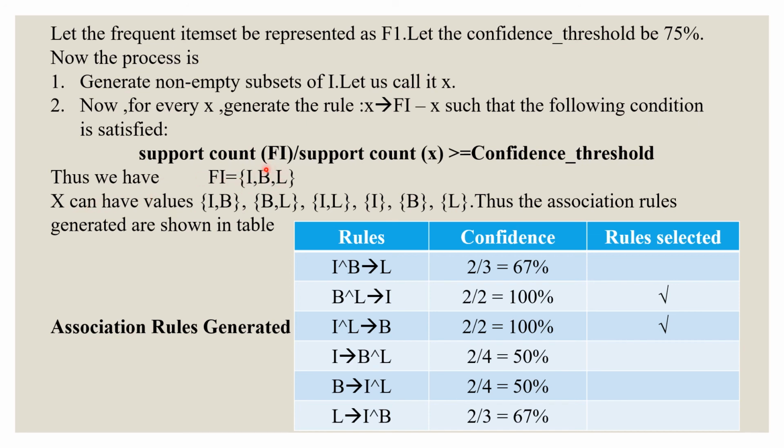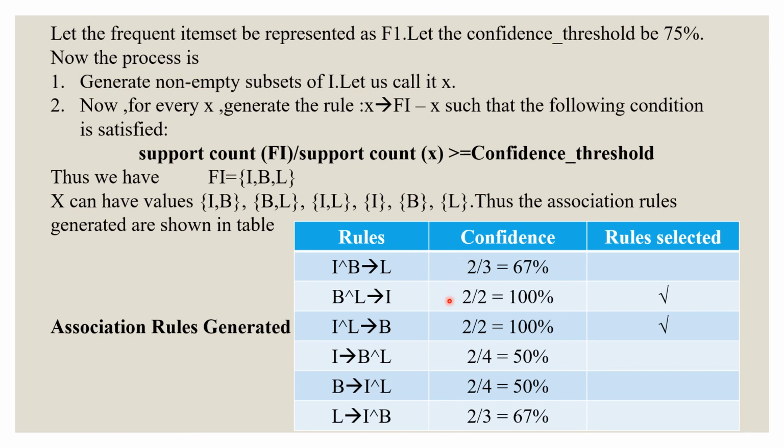From the F3 final table, the IBL value can have these rules: IB, BL, IL, IBL. See, I intersection B, leftover is L, so it tends to L. B intersection L tends to I, I intersection L tends to B. So we wrote these values. I tends to, leftover is B and L, so B intersection L. B, leftover is I and L, I intersection L.